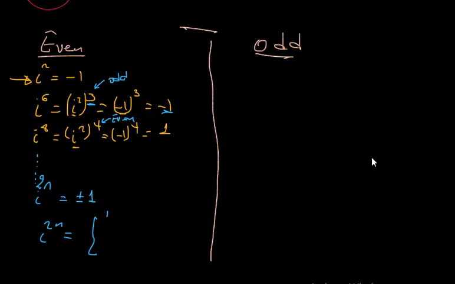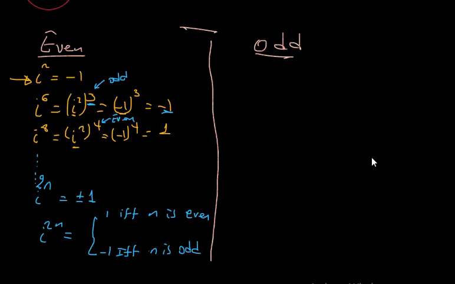The result will be 1 if and only if n is even. The value of i to the power of 2n will be negative 1 if and only if the value of n is odd.